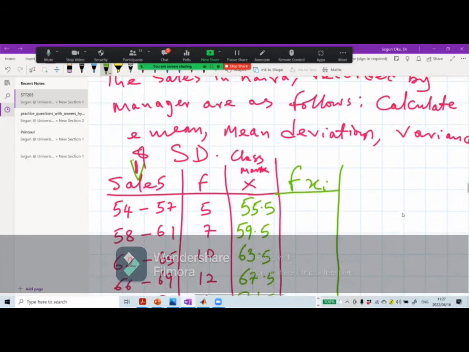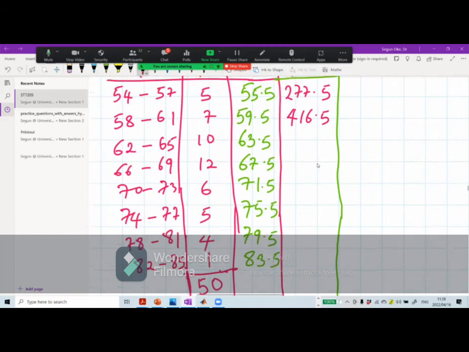F multiplied by x, so that is 5 multiplied by 55.5. What's the answer? 277.5. Next, 416.5. Please, in your own book, write it. We are using x to multiply f. Write it in your own words, the way you can understand.